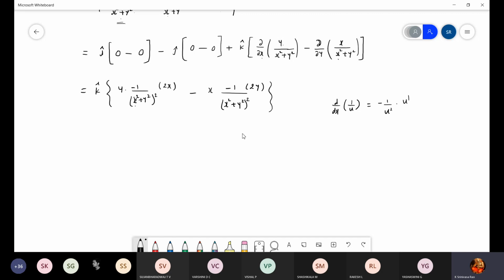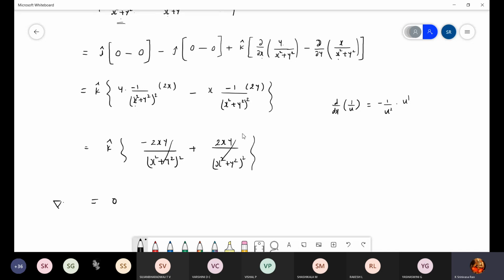Finally, k cap into minus 2xy by x square plus y square whole square, minus minus into minus plus 2xy by x square plus y square whole square. So this also gets cancelled and the final answer is 0.